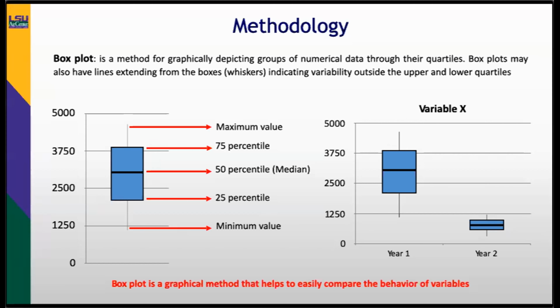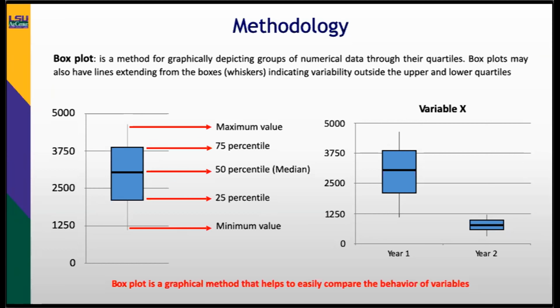This point here shows the maximum value of this variable, and the point at the bottom is the minimum value. The median in the box represents the median value of the variable, and the top of the box shows the 75th percentile.